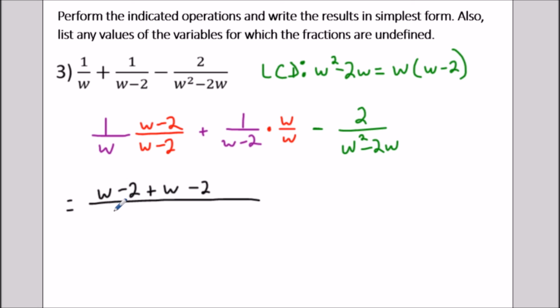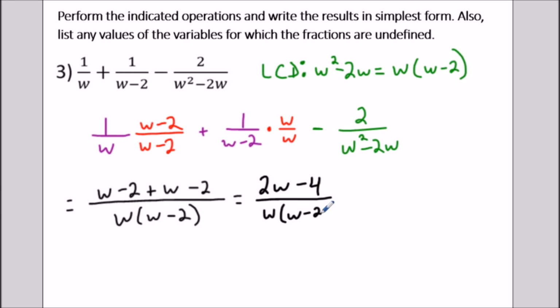And then on bottom, we have w times w minus 2. I'm writing it in factored form because later on a factor will cancel. But if you wrote it as w squared minus 2w, that's not wrong, but you would have to factor it later. So then the next line, we have w plus w is 2w. And then negative 2 minus 2 is negative 4. And we're over w times w minus 2.